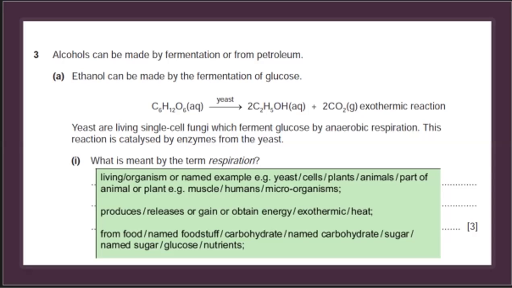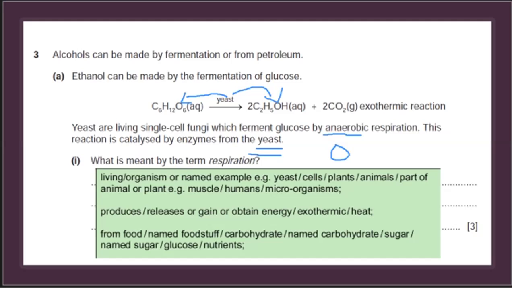Now in biology, anaerobic only means the absence of oxygen. So this reaction is catalyzed by enzymes from the yeast. So in order for this reaction to take place, yeast is needed, and it gives us the product that we want.